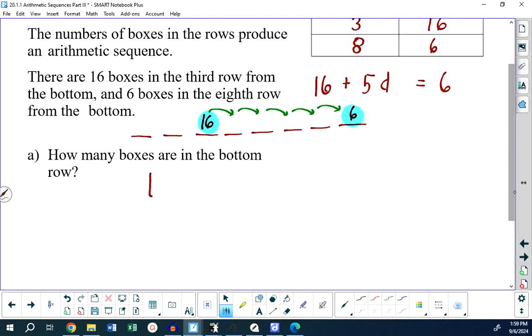To basically say, everybody, the third term plus 5 common differences would give you the 8th term. Why am I adding 5 common differences? Because to go from the third to the 8th is 5 leaps, 5 hops, 5 transitions. So I can put 16 here.